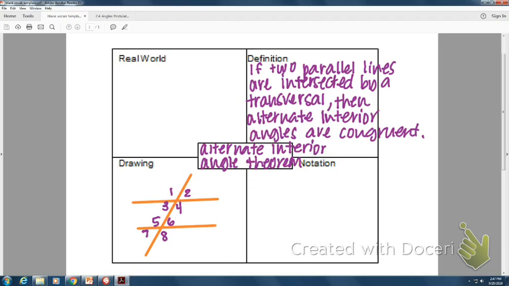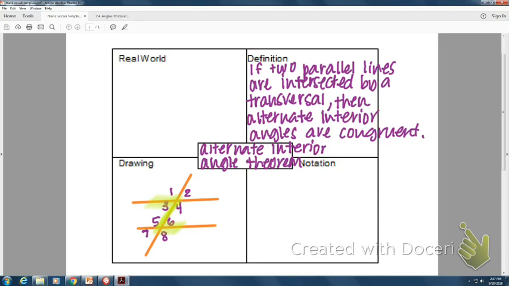So I want you to draw, or with a highlighter, whatever you have, a Z. For every set of 8 angles here, we have 2 sets of alternate interior angles that are congruent.